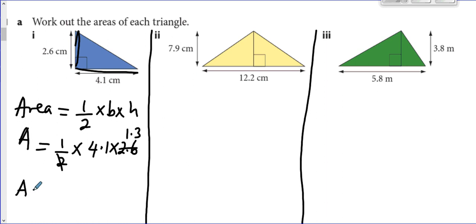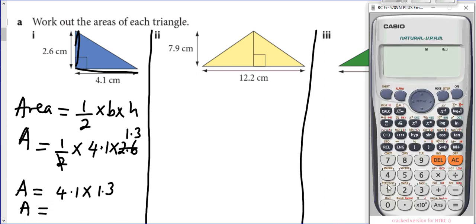Now, what is the area? Area will be equal to 4.1 multiplied by 1.3. You can use a calculator to save time. So you do 4.1 times 1.3.